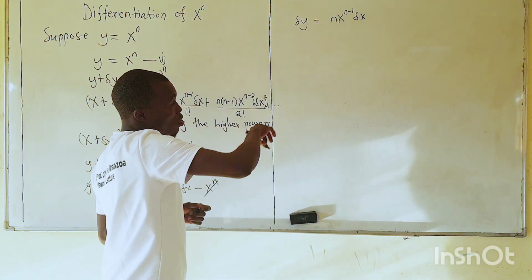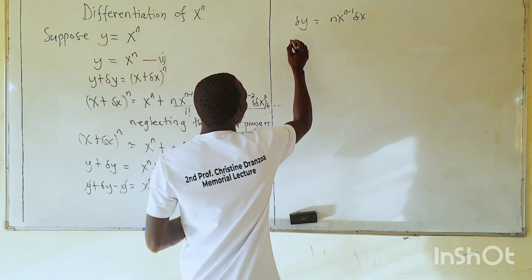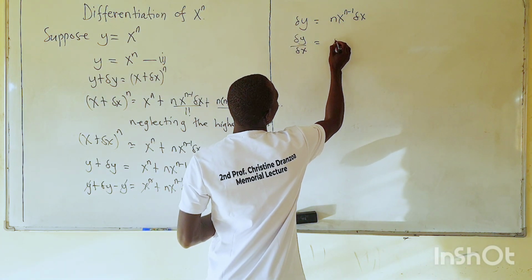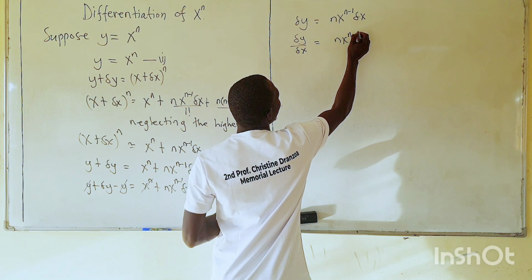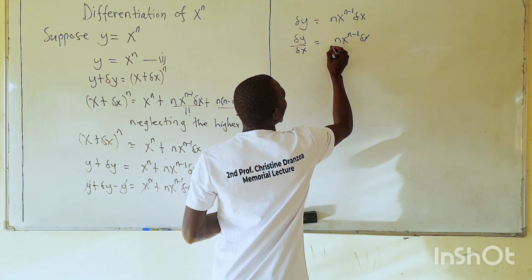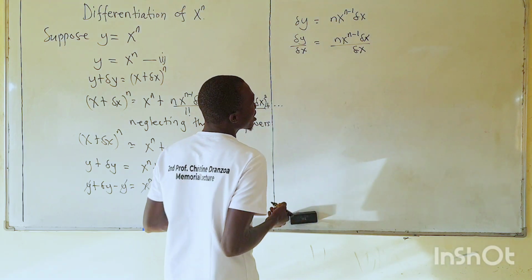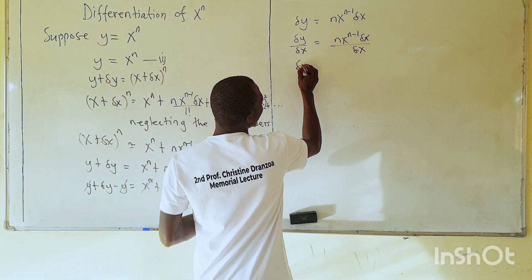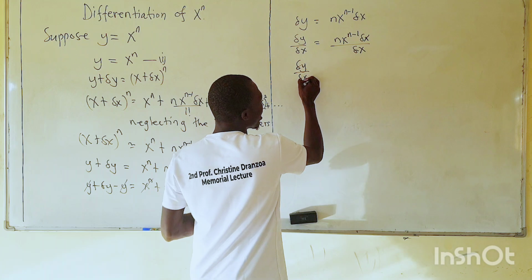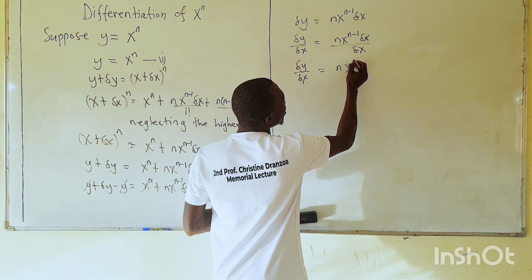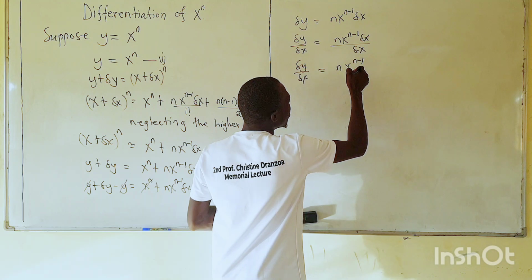Now, if we divide through by delta x, we shall have delta y over delta x is equal to n x^(n-1) delta x divided by delta x. So this delta x and delta x will cancel. We shall have delta y over delta x to give us n x^(n-1).